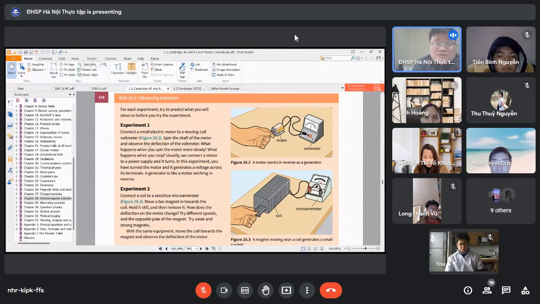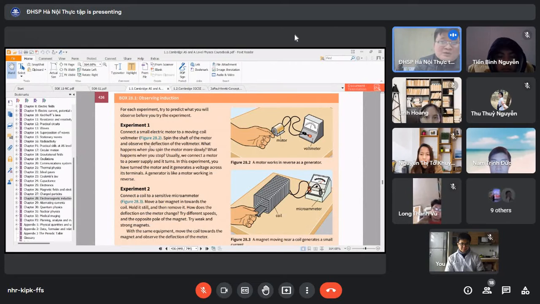And later on, you can see that even if it's not a closed loop, but only a wire moving in the magnetic field, there is still EMF, but there's no induced current because the circuit is open.